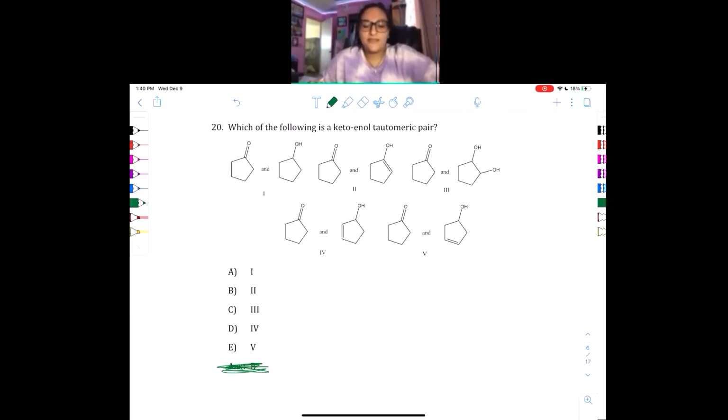So in this case, we know the keto-enol tautomeric pair has to look something like this, right? We have a double bond to the alpha carbon, and we go from a ketone to an alcohol. So which one of these answer choices represents that pair?